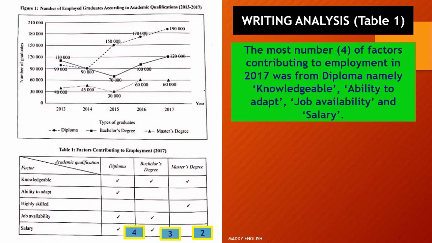The most number, 4, of factors contributing to employment in 2017 was from diploma, namely knowledgeable, ability to adapt, job availability, and salary. So in this answer, I mentioned a trend word, data, subject reference, time frame, key feature. 5 elements are present. And I also included the key feature.